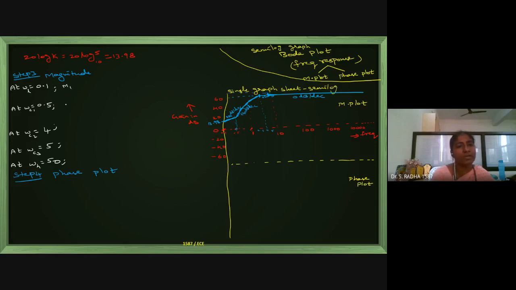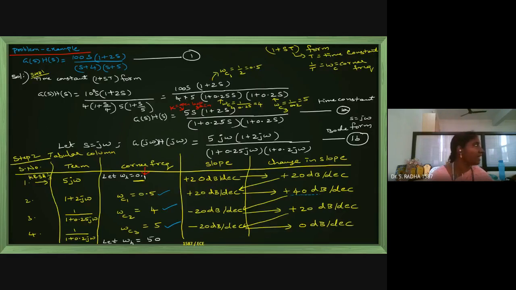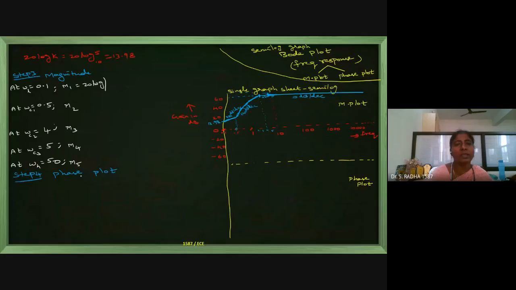Here I will take the first magnitude, second magnitude, third magnitude, fourth magnitude, and fifth magnitude. Okay. In the first magnitude, the formula is 20 logarithm. And the first term, whatever we have, is 5 j omega. Here 5 j omega, and the omega value is omega L. We have to substitute.